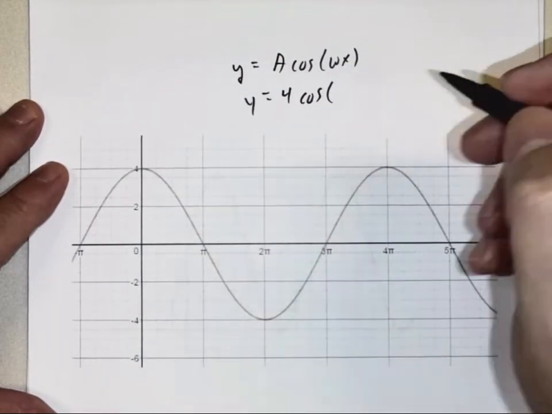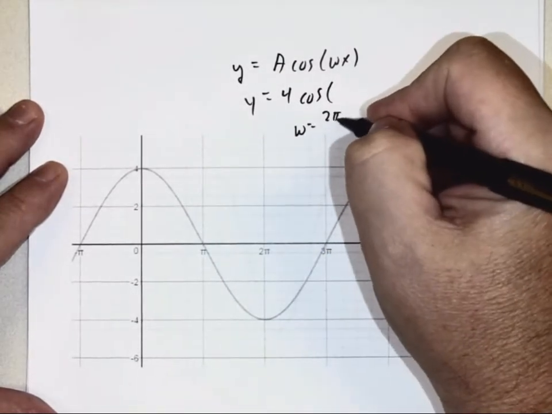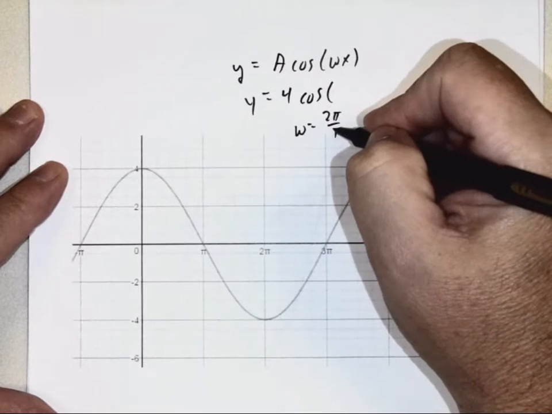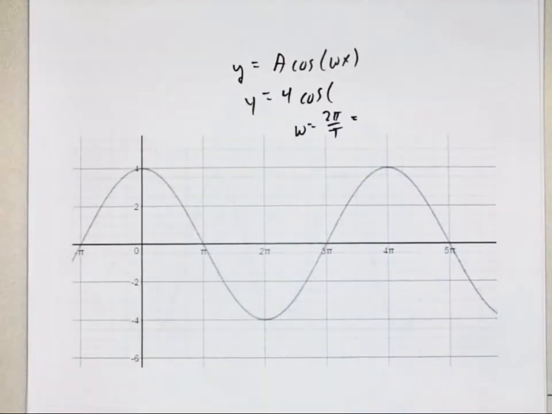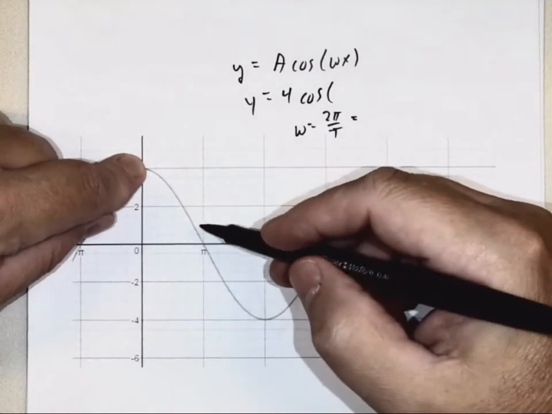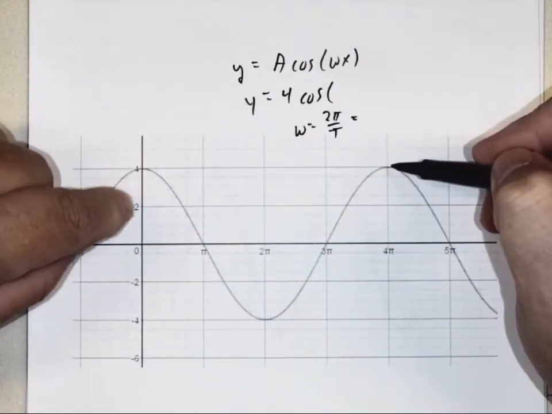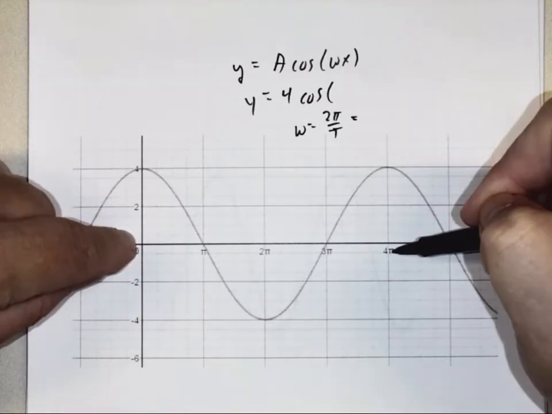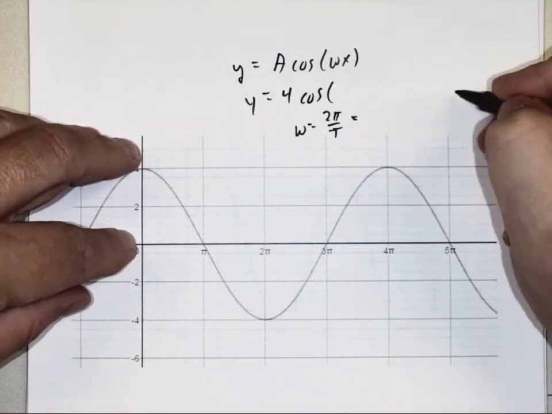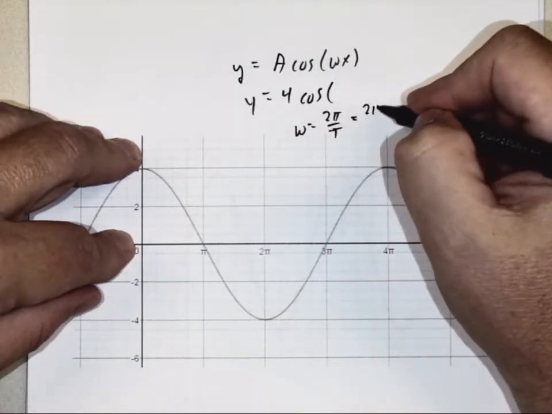I know omega is 2 pi over the period. Let's figure out the period. Starting here, I go down and I'm back up at the top here. Looks like I go from 0 to 4 pi. Looks like T equals 4 pi. The period's 4 pi.